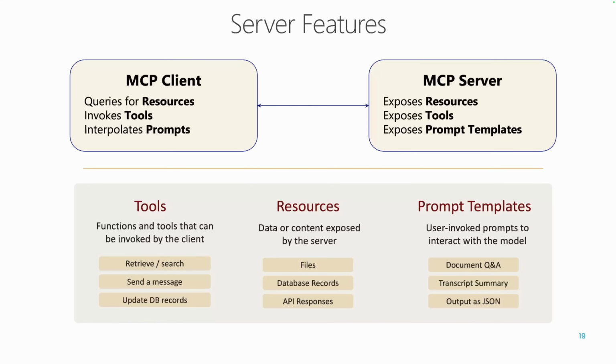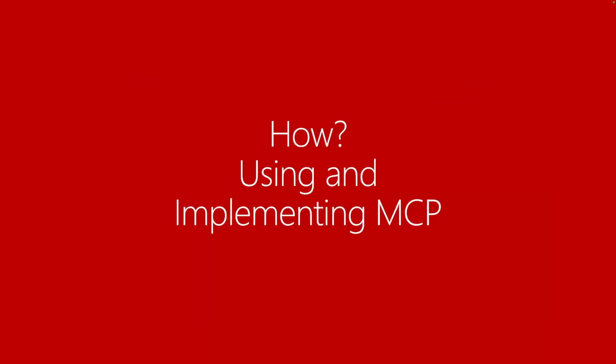It can also expose prompt templates to reuse, and resources. The resources are data or content exposed by the server, like files or database records, and the prompt templates are user-invoked prompts to interact with the model.